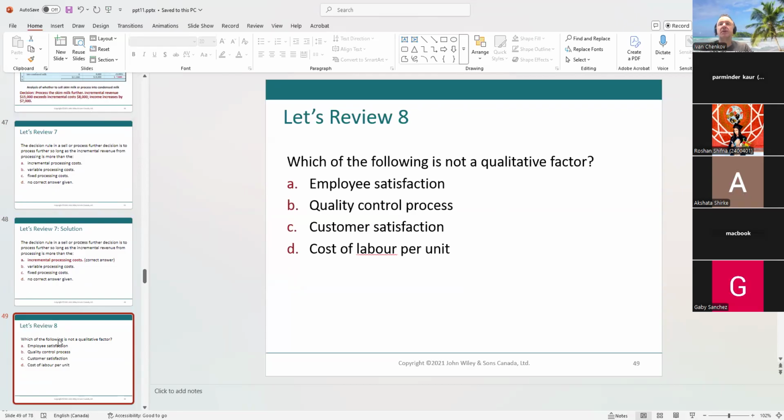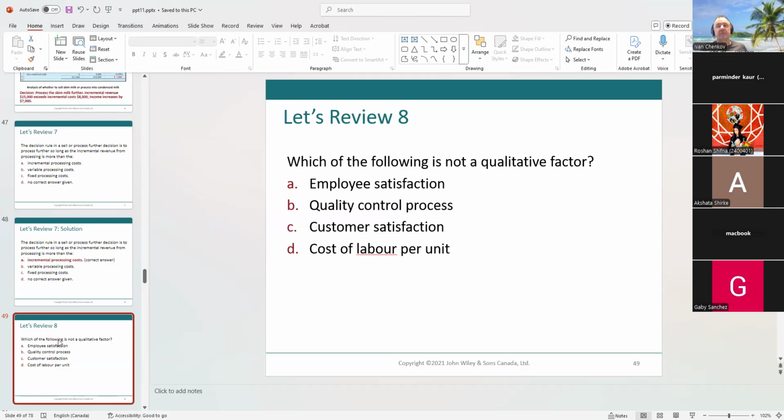Which one is not a qualitative factor? What's a qualitative factor? If we have qualitative, what's the other? Quantitative. So what does quantitative mean? What does qualitative mean?